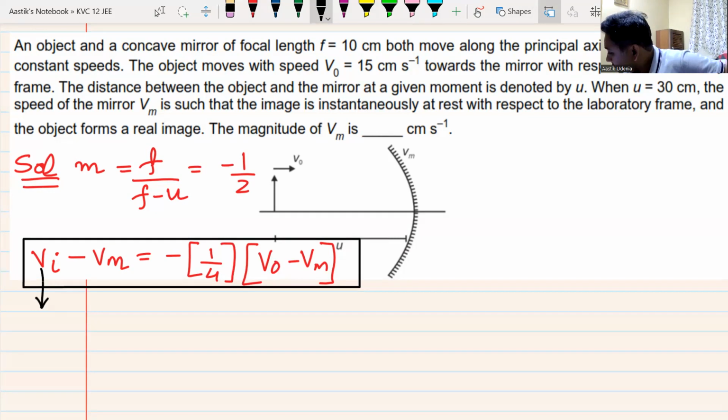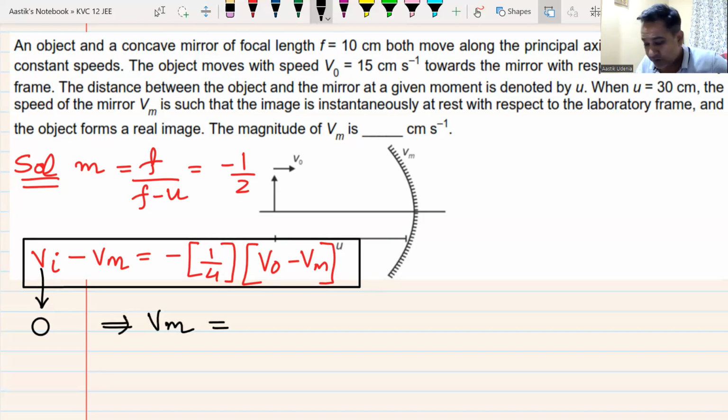How much? Zero. Yes. Tell me the value of V_M. I cannot solve this for you, because if I solve this one also for you, you will get stuck in the exam. Tell me the value of V_M.